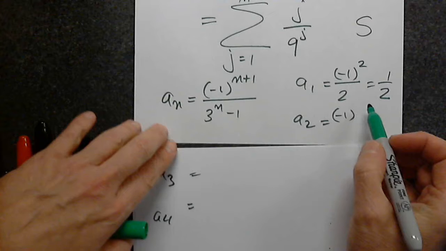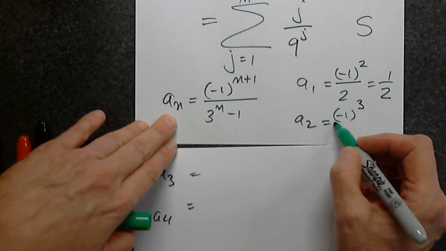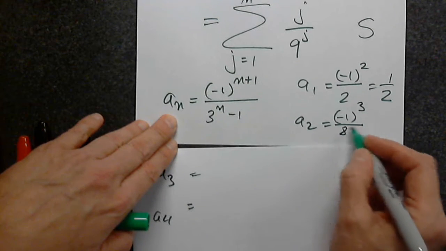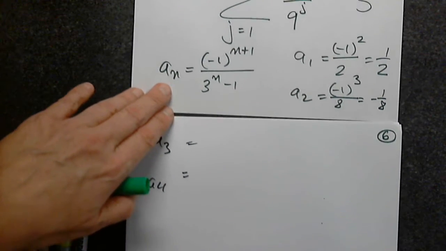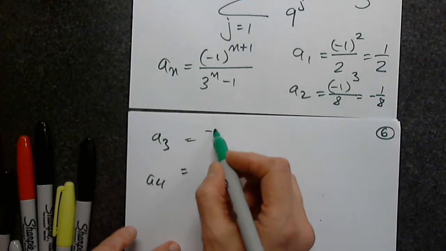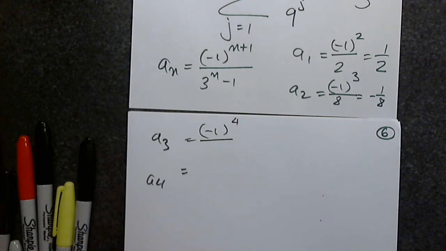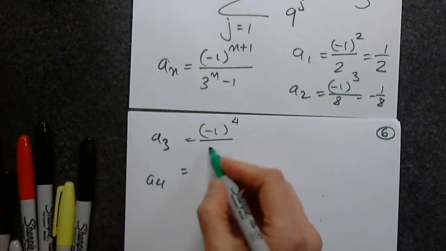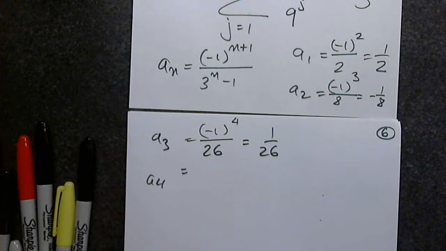Okay, so -1 to the, very good, divided by 3 squared minus 4, which is 8. So -1 over 8. Shucks. Next one. -1 to the 3, over 3 squared is 3 cubed is 27, minus 1 is 26. 3 to the third, 27, minus 1, 26.